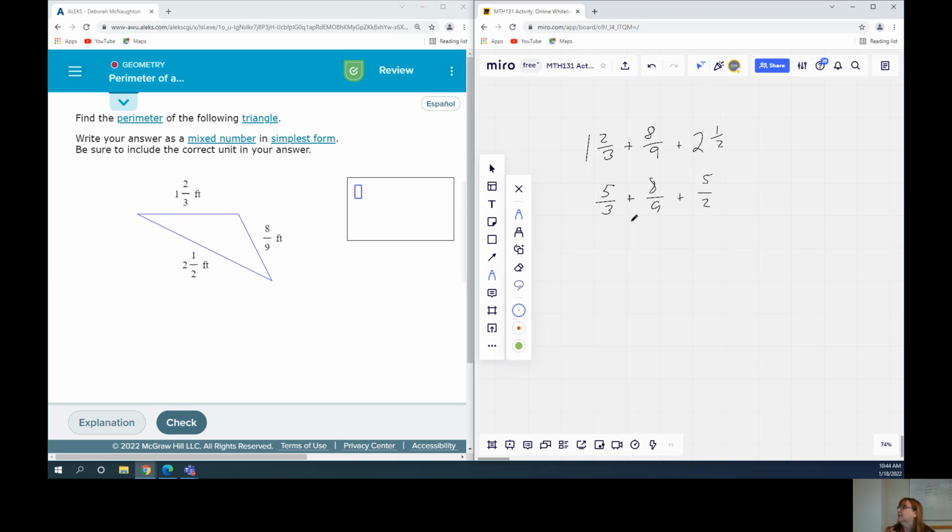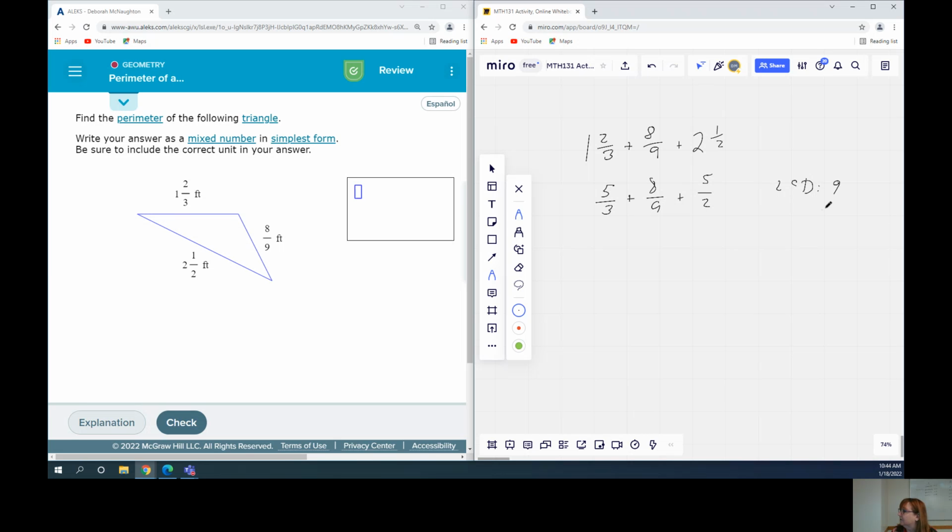And then the next step is to find the least common denominator. Always start with your biggest number, which is 9. So we start with 9, and then we check: 3 goes into 9, but 2 does not go into 9 evenly.